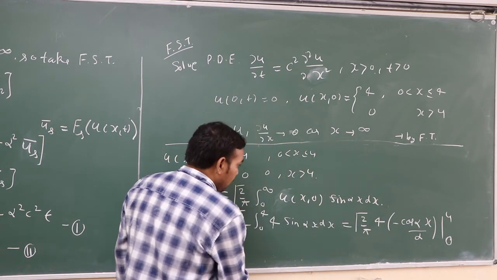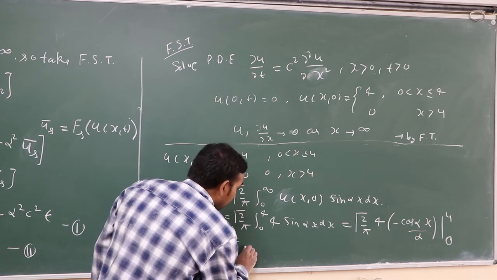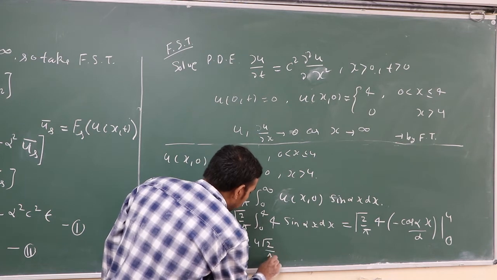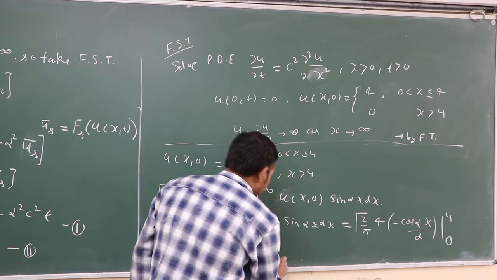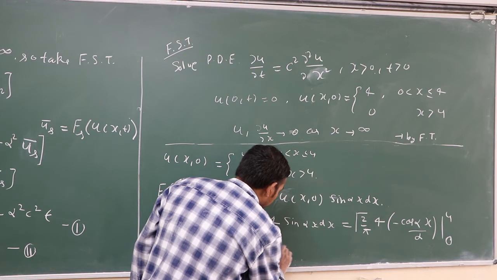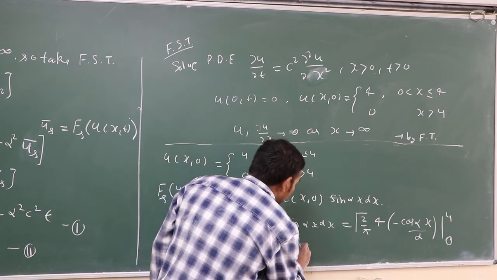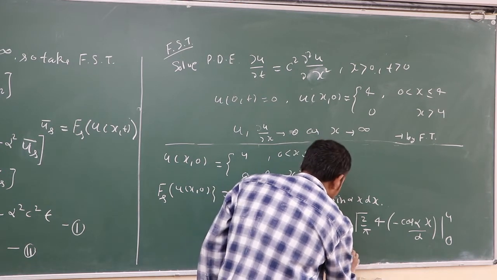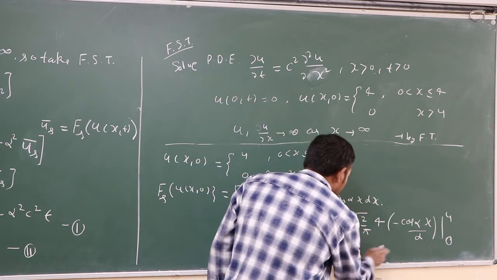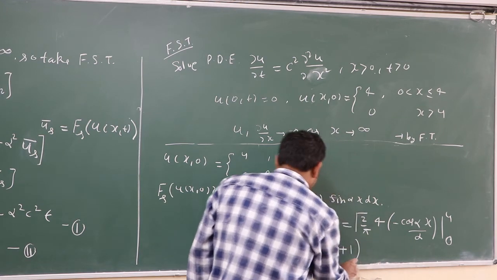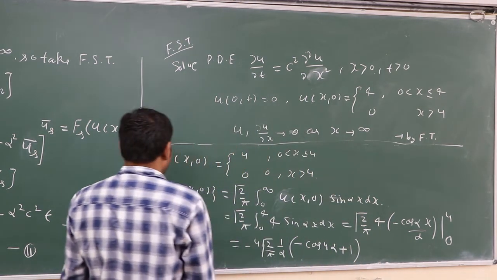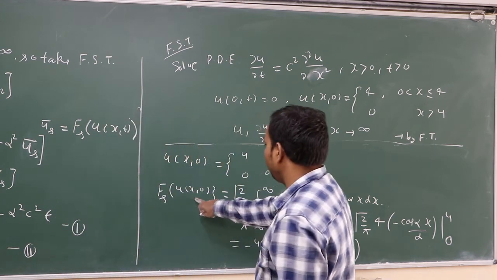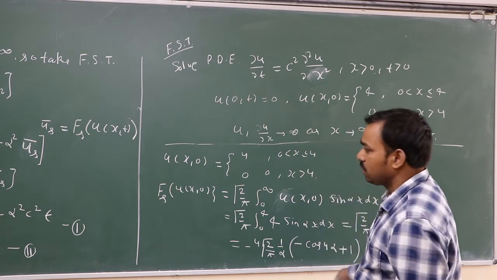So we get minus 4 under root 2 upon pi into 1 upon alpha, into minus cos 4 alpha, and minus minus plus cos 0, that is 1. This is u_s bar(alpha, 0).